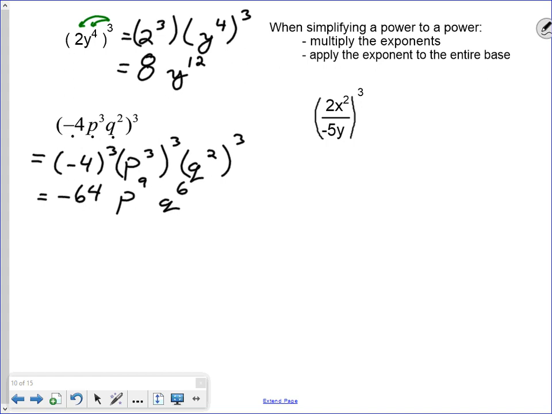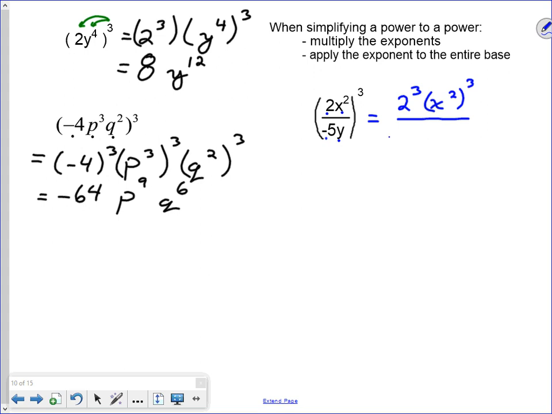If we have a more complicated expression, the same rules apply. This exponent of 3 applies to everything inside these brackets here. It applies to this 2, this x squared, this negative 5, and this y here. So let's just write out our fraction line here. Up in the numerator, we'll have 2 to the power of 3, x squared to the power of 3.